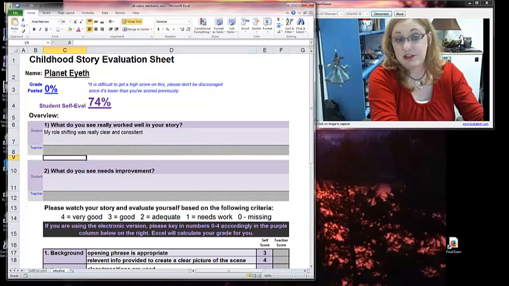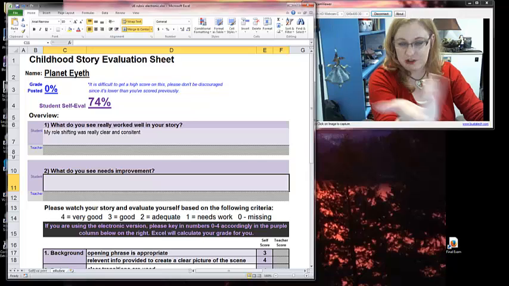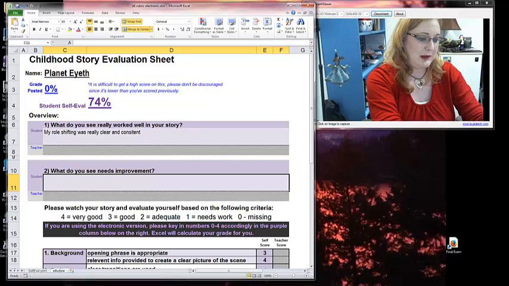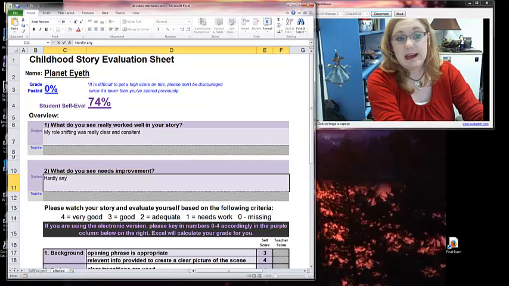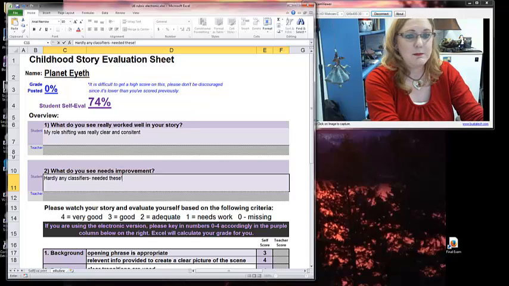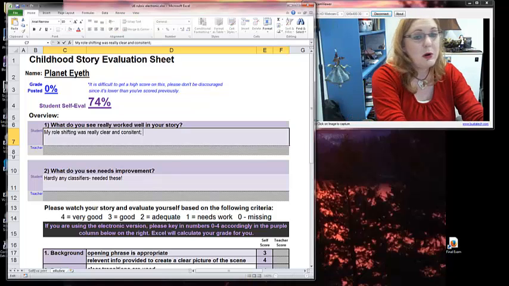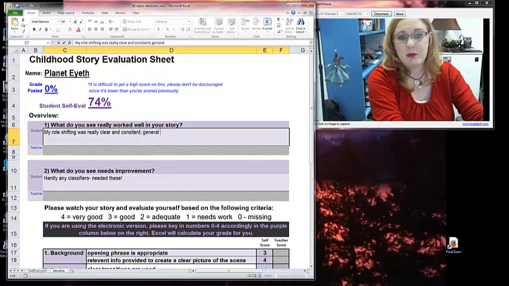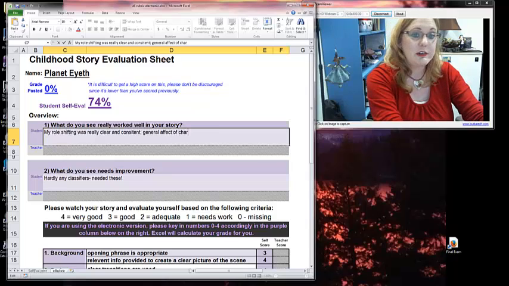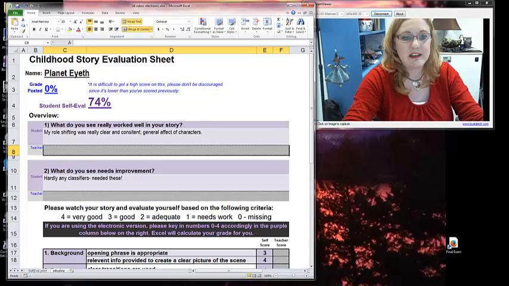And then I just said, for the sake of showing you, that hardly any classifiers needed these. Stuff like that. I could even do, general affect characters was also good. So I'm not even using complete sentences there. That's fine.